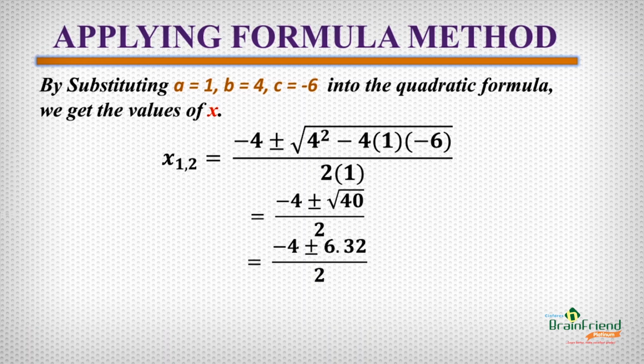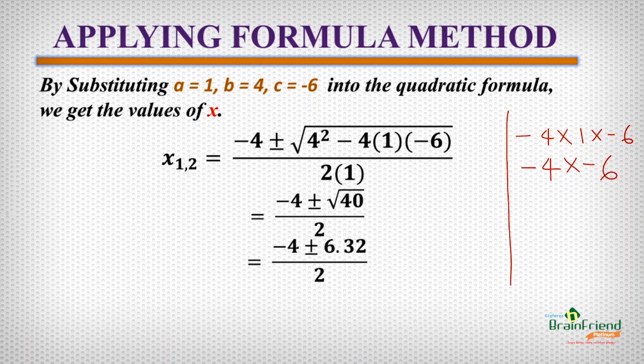x subscript 1, 2 is equal to -4 plus or minus the square root of 4² - 4 × 1 × (-6). Remember, this occurs again here. Minus 4 times 1 times minus 6 will give us minus 4 times minus 6.